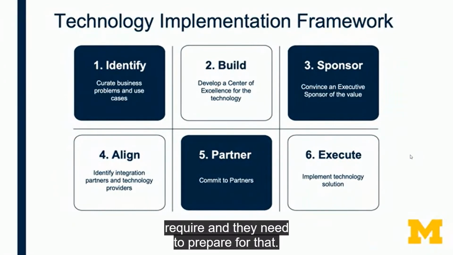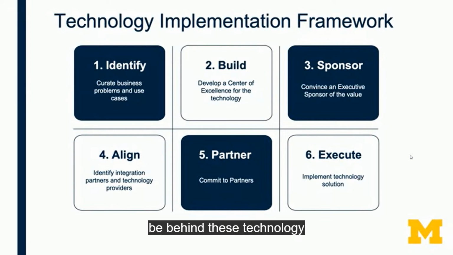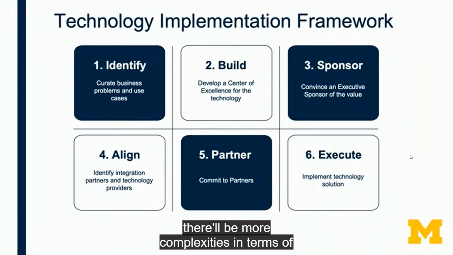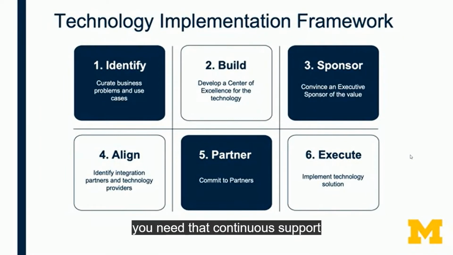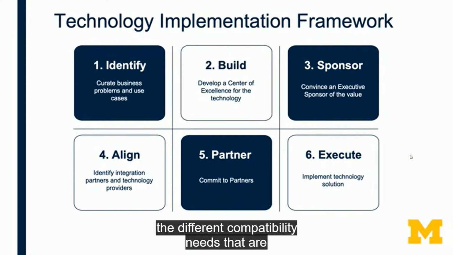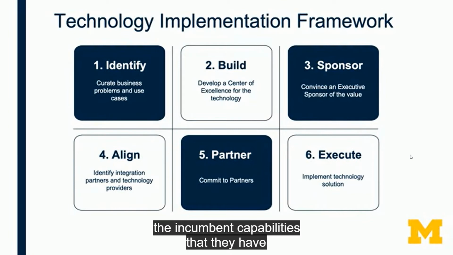Third, they need to identify an executive sponsor who would be behind these technologies and applications, because when you roll out these applications, there will be more complexities in terms of the change that you're bringing to the organization, and hence you need that continuous support from an executive sponsor. Fourth, companies need to align the different compatibility needs in terms of the incumbent architecture and the incumbent capabilities that they have before starting these IoT applications.